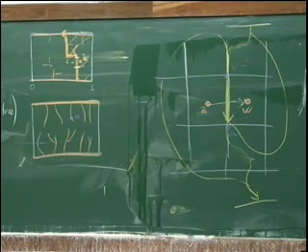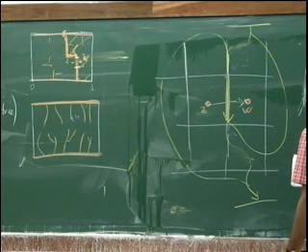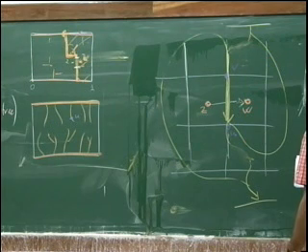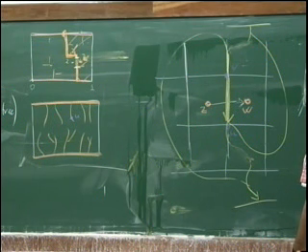So we have rewritten this as the probability that v belongs to the first tree and u belongs to the second tree, minus the probability that v belongs to the second tree and u belongs to the first tree.